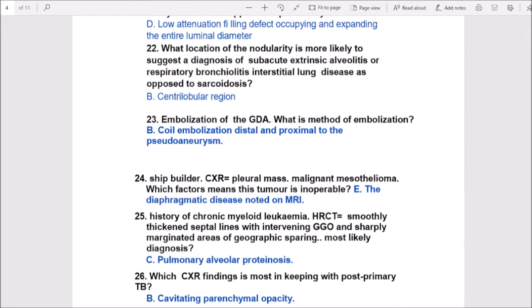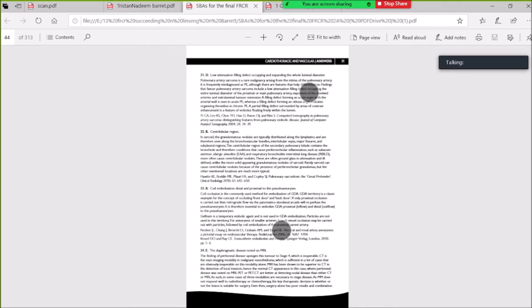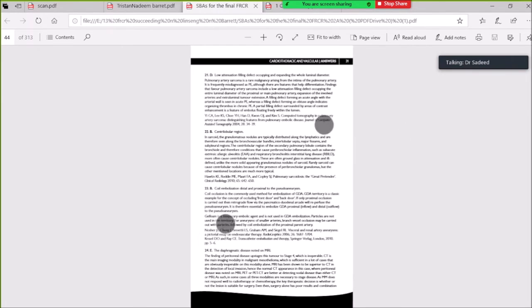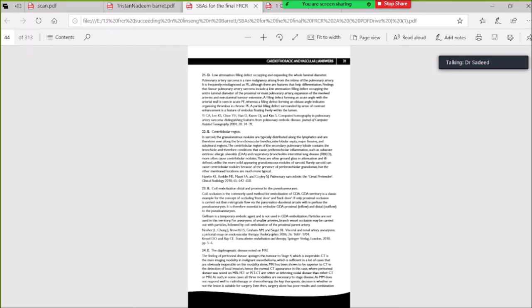In sarcoidosis, I think lower lung zones are involved. Question number 22. In sarcoidosis, the granulomatous nodules are typically distributed along the lymphatics and are therefore seen along the bronchovascular bundles, interlobular septa, major fissures, and subpleural regions.